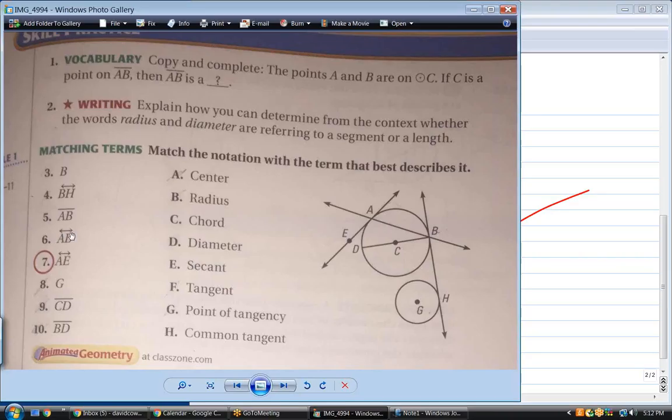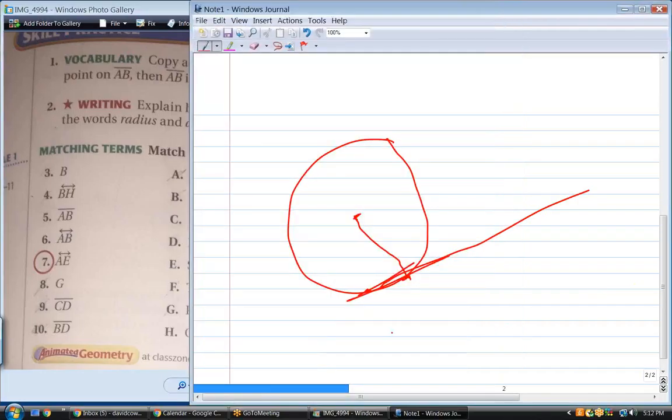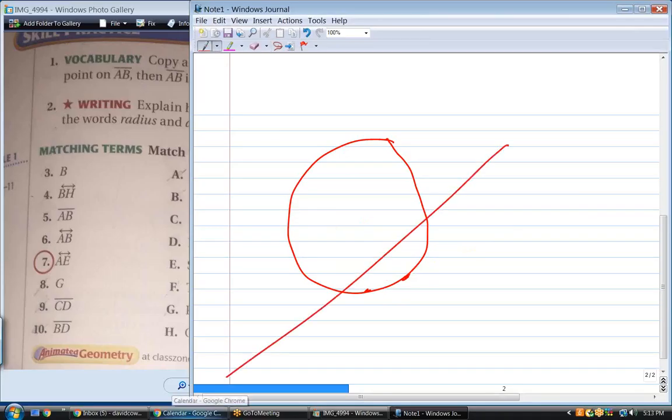The full line AB is a secant line. I apologize. I made a mistake. If I take a circle and I draw that, that's a secant line. If I have a circle and I do this, that's a chord.